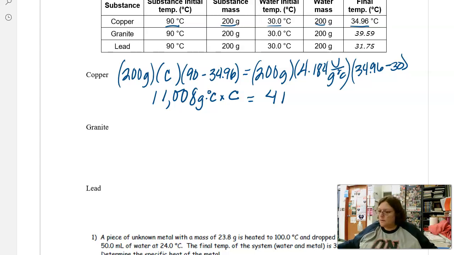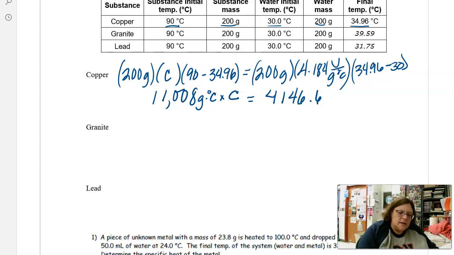Let me see if I did my math wrong. 4,146.6. I guess that was a smaller temperature rise, so that's why. Grams cancels, Celsius cancels, so our answer's in joules here.